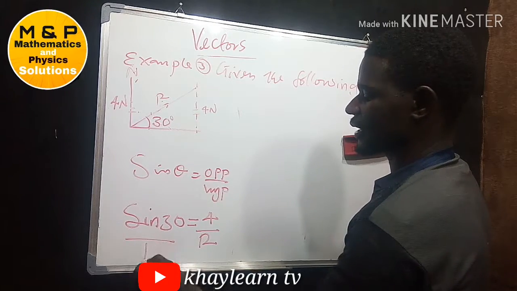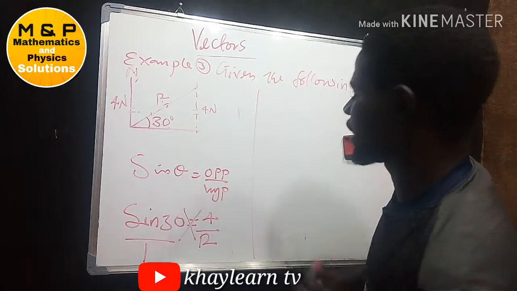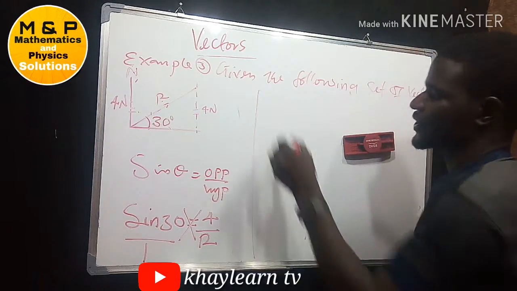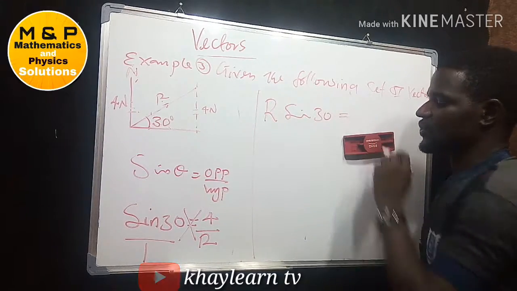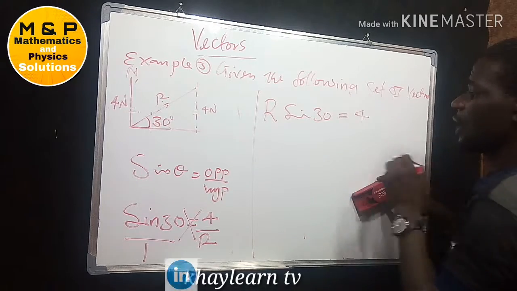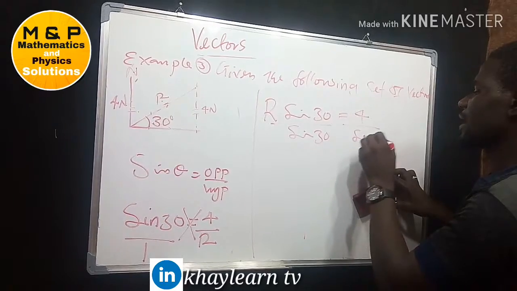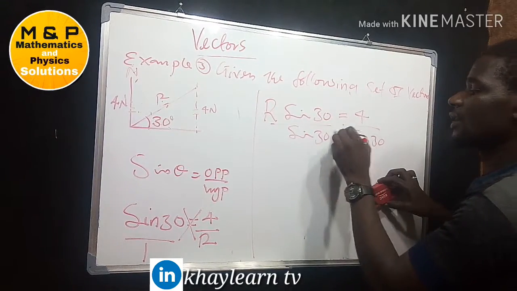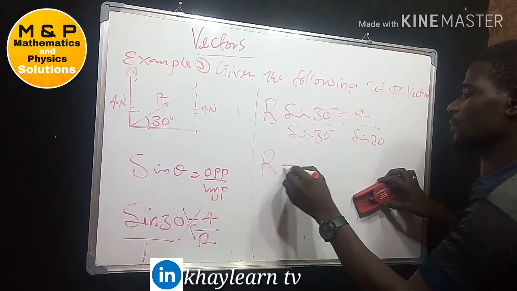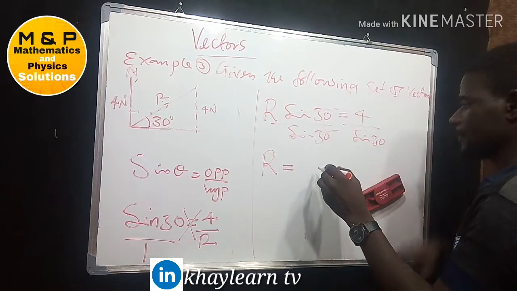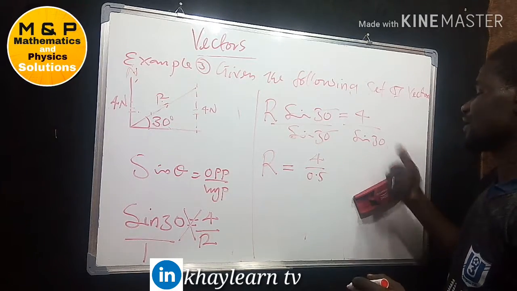Now putting 1 under sine to level it as fractions everywhere, you cross multiply. After cross multiplying, what you're going to have is just R sine 30 equals 4. Now divide both sides by sine of 30. This cancels with this, then R equals 4 over 0.5, because sine 30 is 0.5.